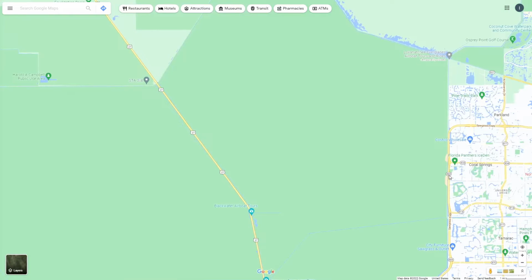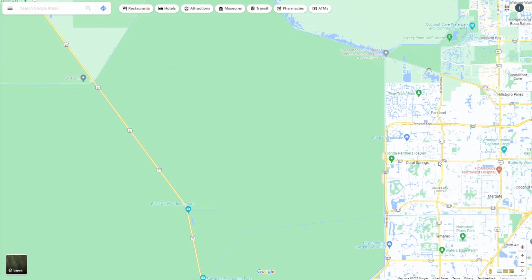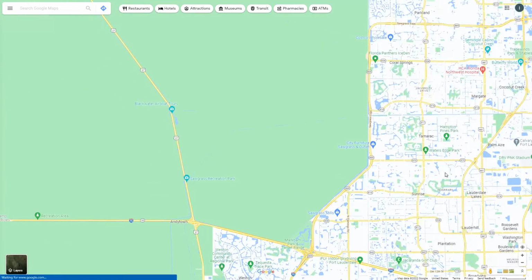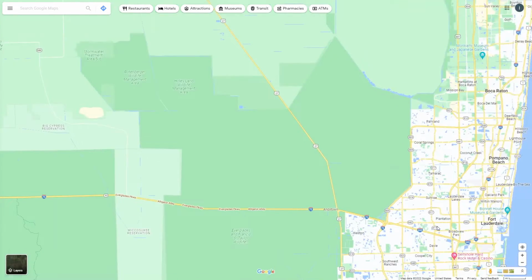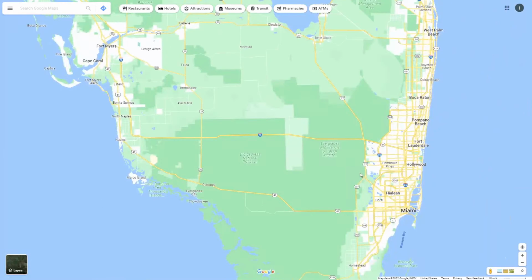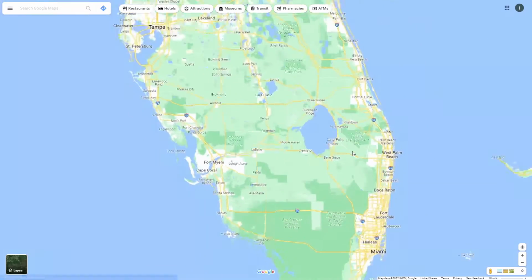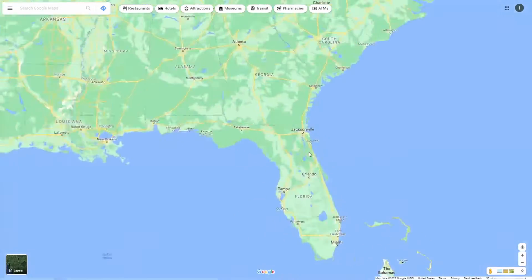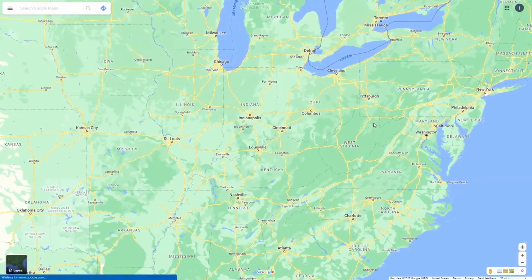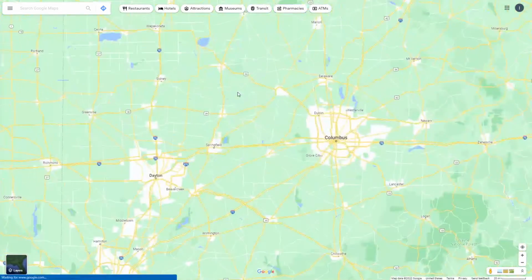They start with 8. So we have 869, 864, 834, 817, 870. So they have a system here. They don't have a system in a lot of states. You have to check your local thing to find out how your routes are numbered. But a lot of states don't really have a system in place.